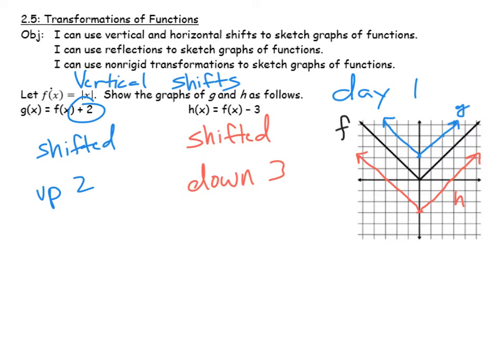The vertical shift only does one thing. If I put a plus 2 or a minus 3 at the end of my function, all it has the power to do is take the exact same graph and move it up or down. That's all it does. It can't reflect it, can't stretch it, can't move it side to side. You can just shift up and down.